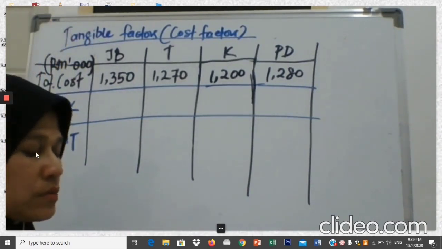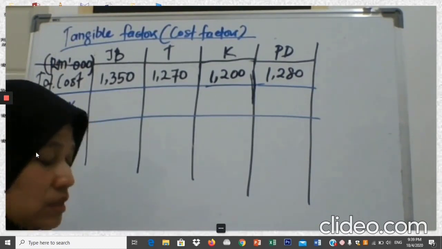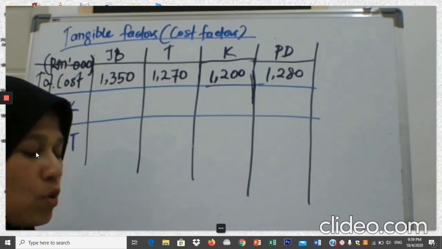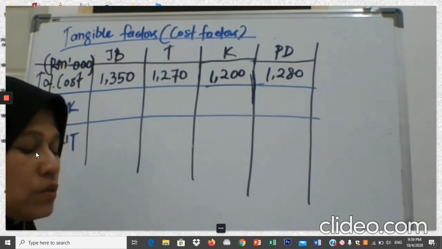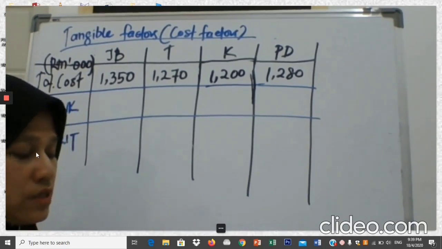So the first table is referring to the tangible factors, and you can see clearly the cost factors have all the ringgit Malaysia value. For every location here, Johor Bahru, Tapah, Klang and Port Dickson, a ringgit Malaysia value is given.